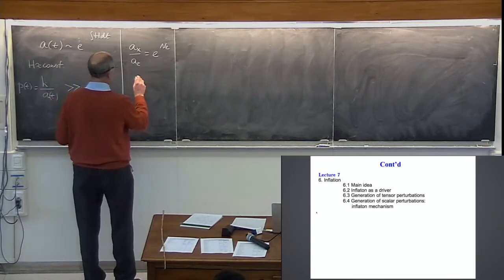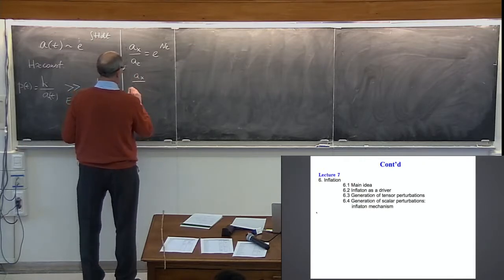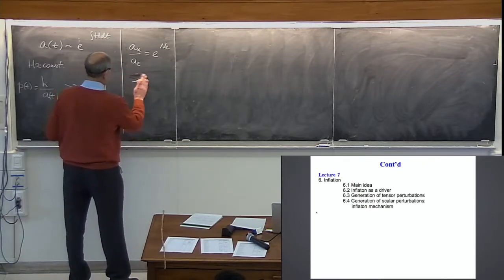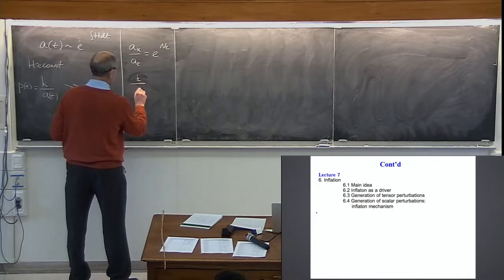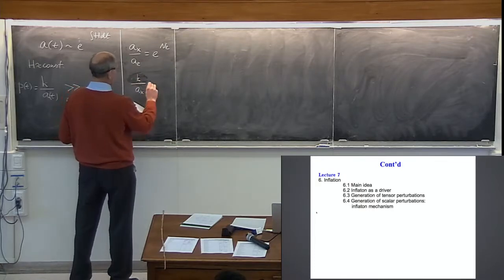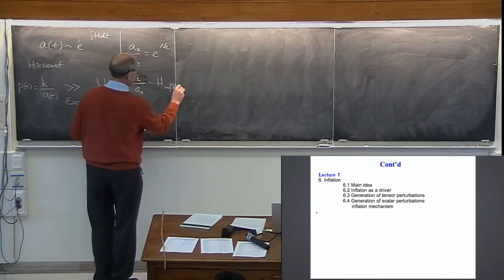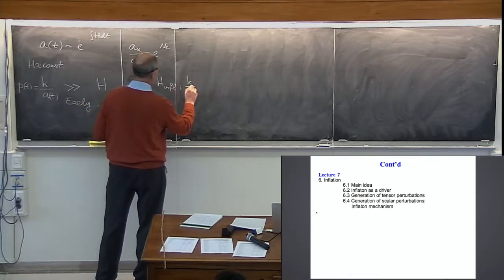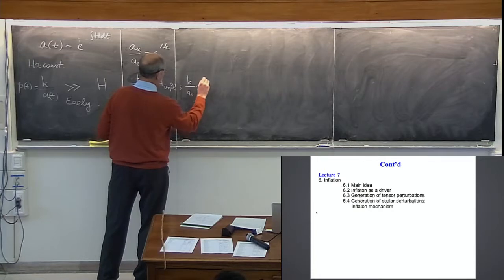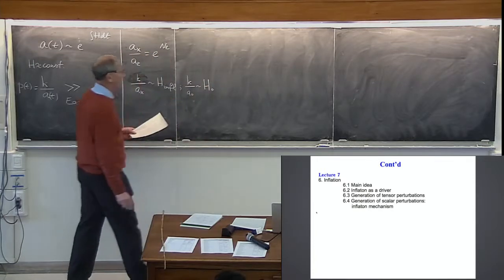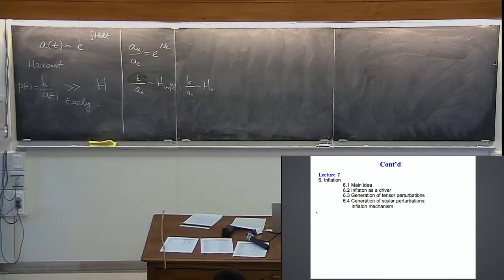What we know is that k over the scale factor at crossing time is of order of the inflationary Hubble parameter, and at the same time this momentum today is of order of the present value of the Hubble parameter, if we are talking about cosmological scales today.